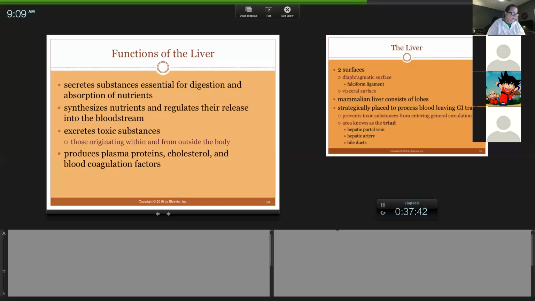And then good blood is going to come. Now, this is important. The liver produces protein, cholesterol, and blood coagulation factors. If we have an animal that has a clotting disorder, I don't know if you've gone over platelets yet in Clin Lab 1, if you've talked about clotting yet. Does anybody want to comment on if they've talked about clotting factors or coagulation factors?